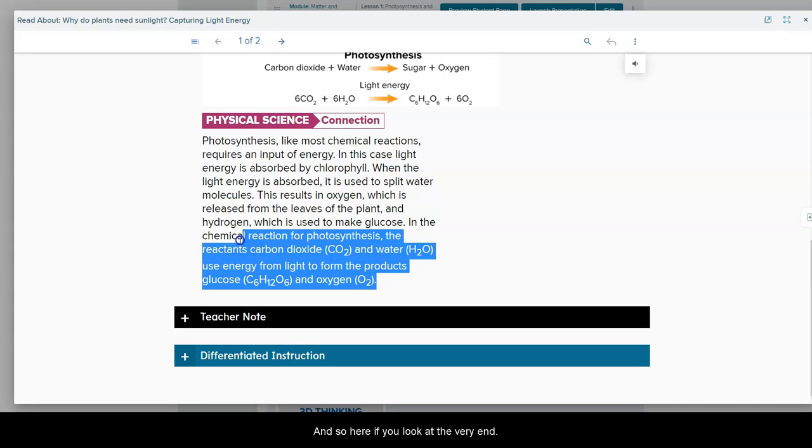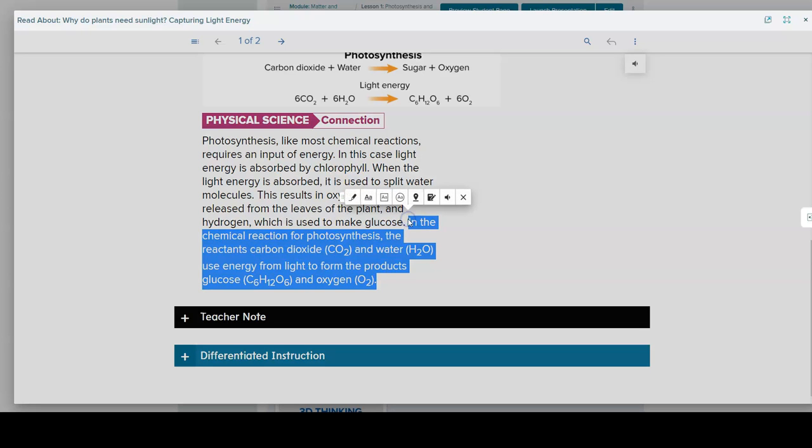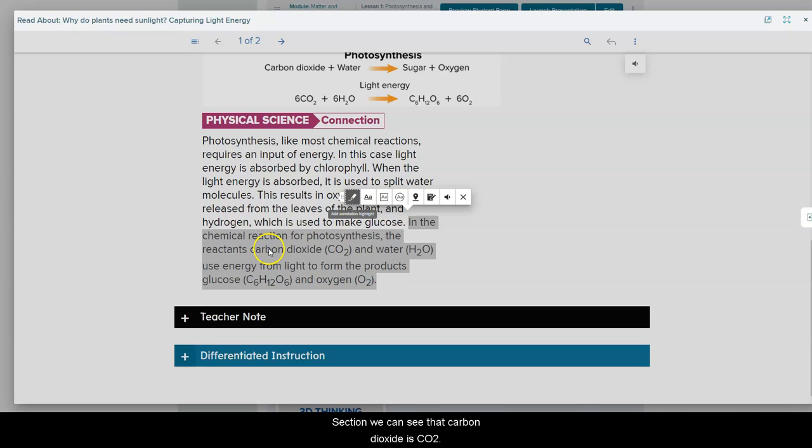And so here, if we look at the very end section, we can see that carbon dioxide is CO2, water is H2O, glucose or sugar is C6H12O6, and oxygen in the gas form is O2.